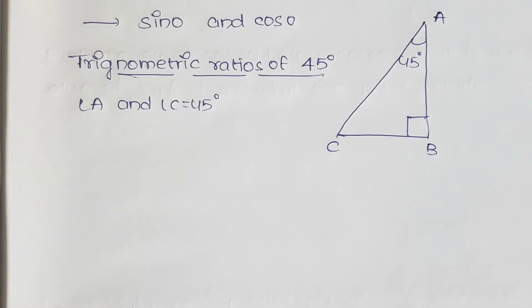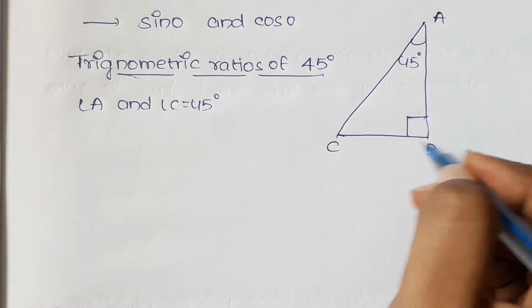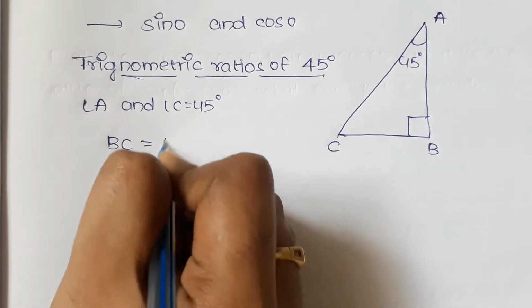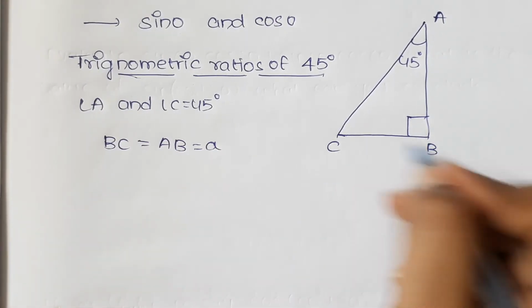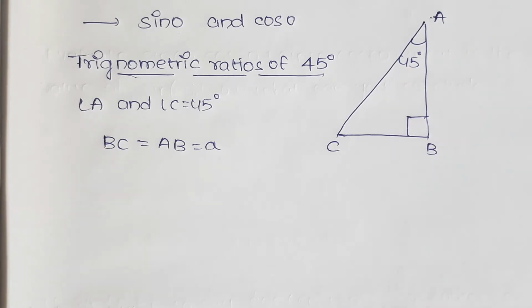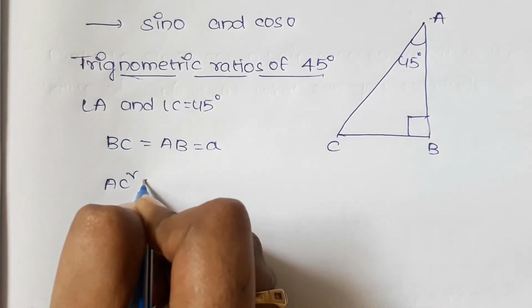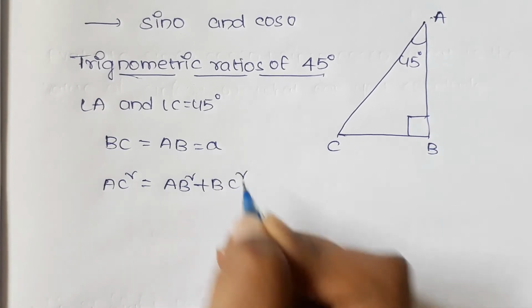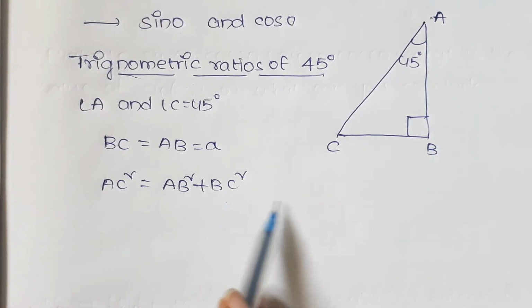And now let us assume the lengths of BC and AB are equal to A. BC, AB, their lengths are A, let us assume. Now by Pythagoras theorem we know that AC square equals AB square plus BC square, that is hypotenuse square equals side square plus side square.